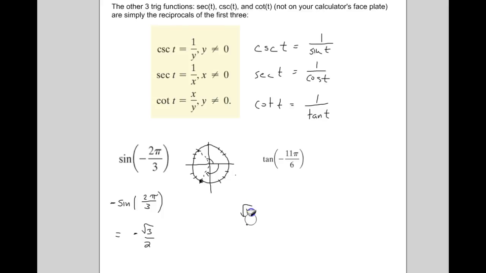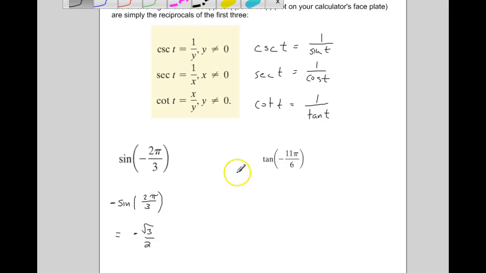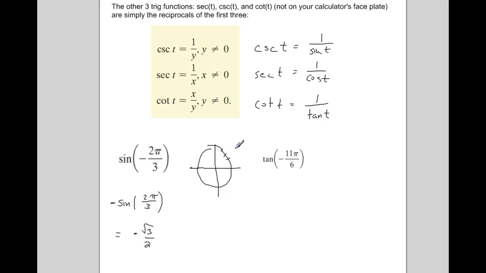Alright, now, same thing for tangent. 11 pi over 6. So this time we're going to go down again, and remember this is pi over 6, pi over 4, pi over 3, and we're going to go all the way around, but remember this is 11 pi over 6.